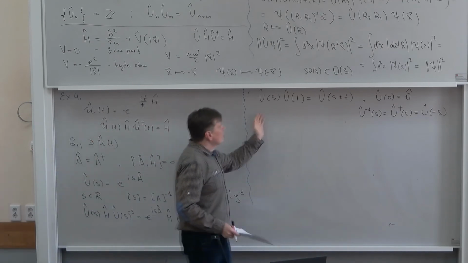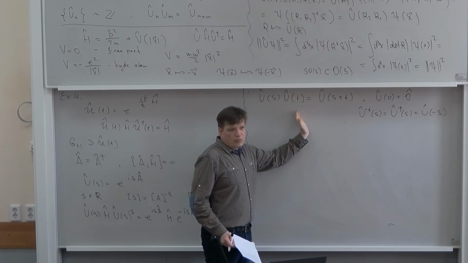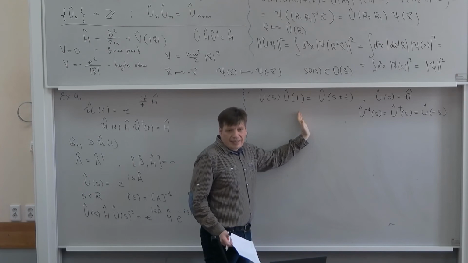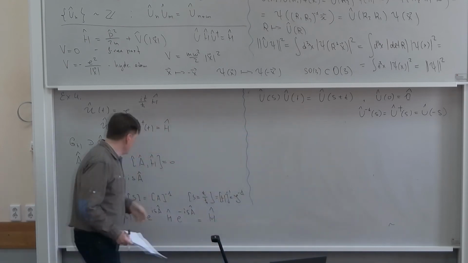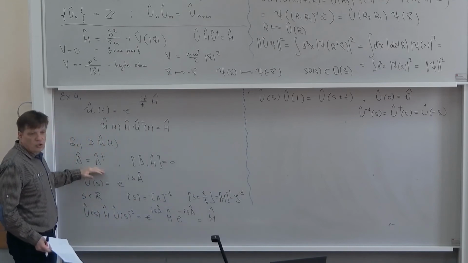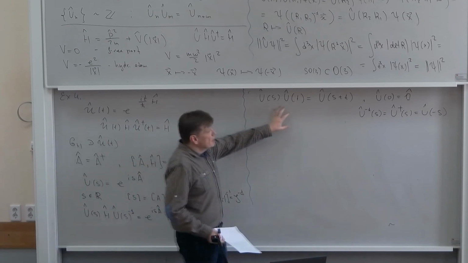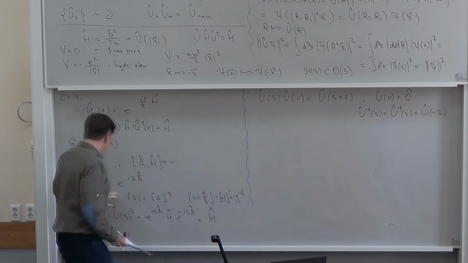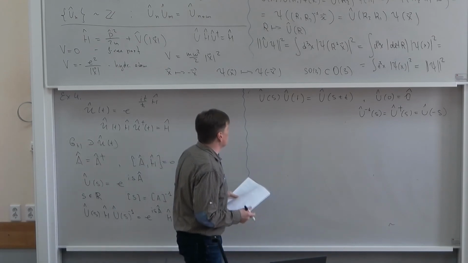If we have some one-parameter group of symmetries of some Hamiltonian, then we can find a conservation law, an integral of motion, which generates this group in this fashion. Let us prove this statement.